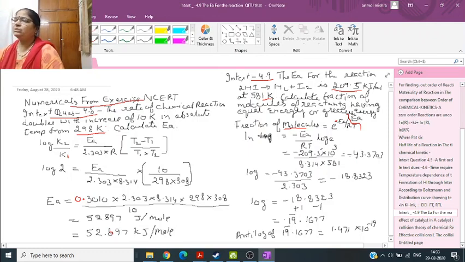So the value comes out to minus 43.3703. This was log base e. Now we have to convert into base 10, so we divide it by 2.303. The value comes out to log of minus 18.8323.